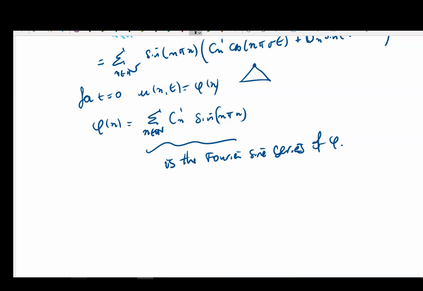So this is how I would write the Fourier sine series expansion of phi, and I know that those Cn prime are going to be the corresponding Fourier coefficients.